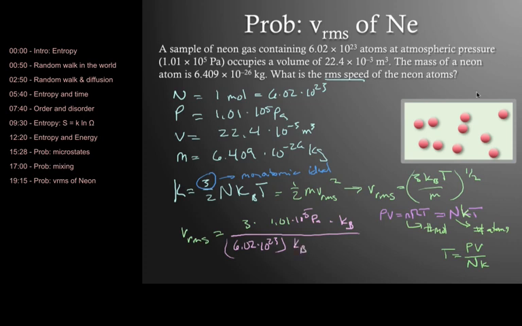But that's convenient that these two guys cancel off. And then now I need to divide by m. So m is 6.4 times 10 to the minus 26. And then I can't forget to take the square root of this guy. If you forget to take the square root, you're going to get a very large number. So my vRMS is going to be about 419 meters per second.